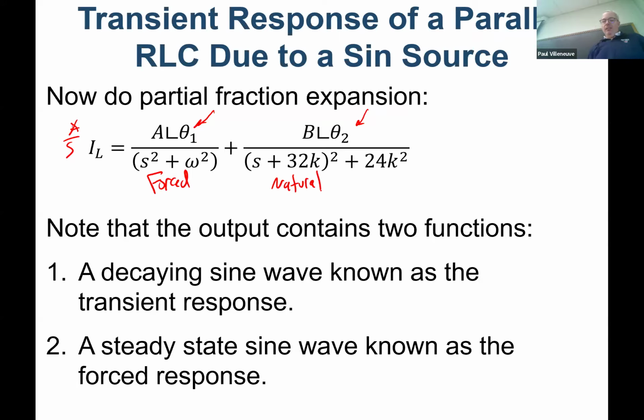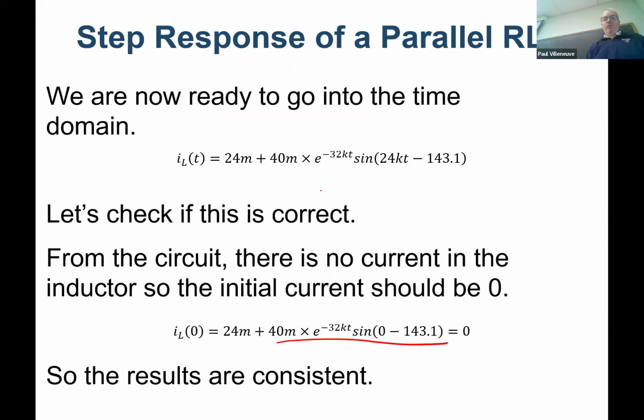How can you tell if it's a natural or a forced response? The natural response always has a decaying exponential associated with it. It dies. It's going to decay away. The forced response does not die away. Because if you think about the real world, there's no system that has no resistance associated with it. So unless you keep feeding the system energy, that system eventually is going to be de-energized completely.